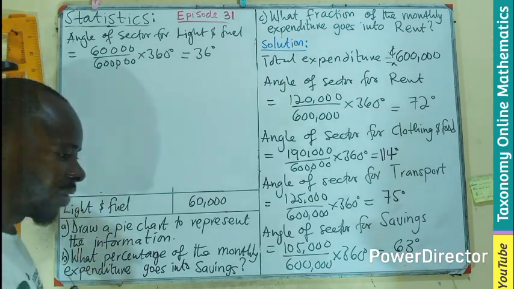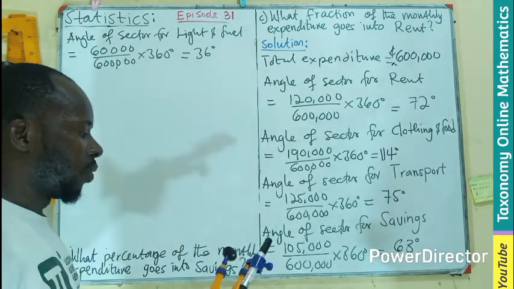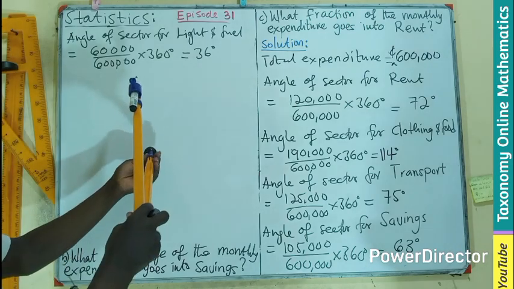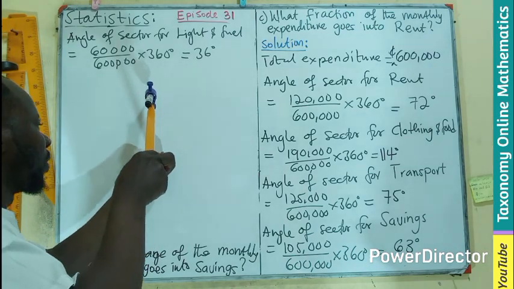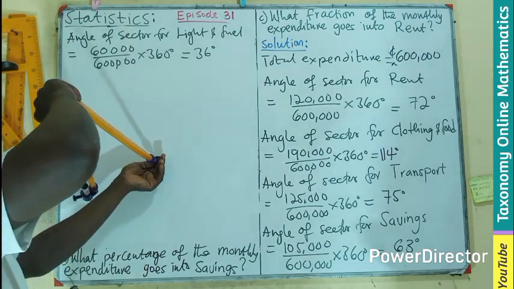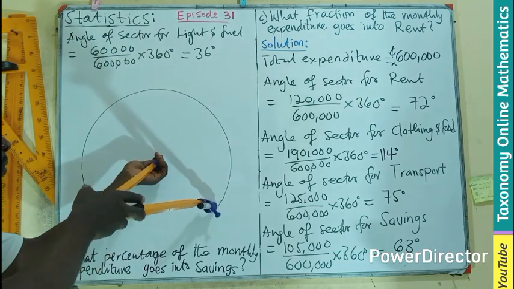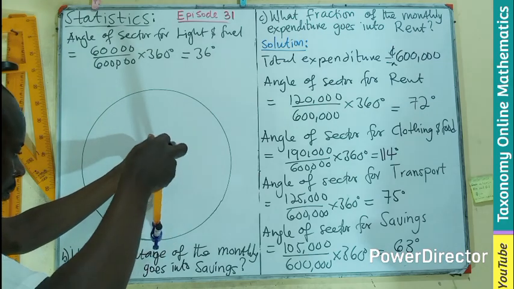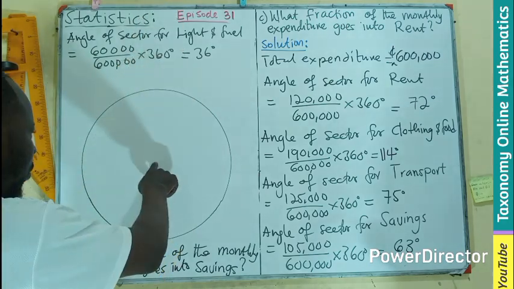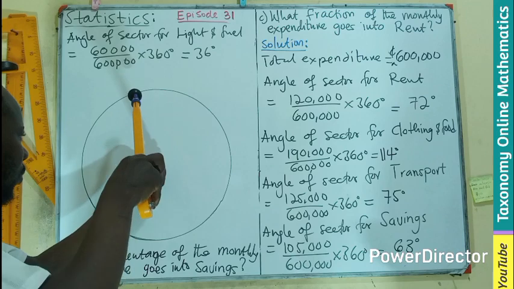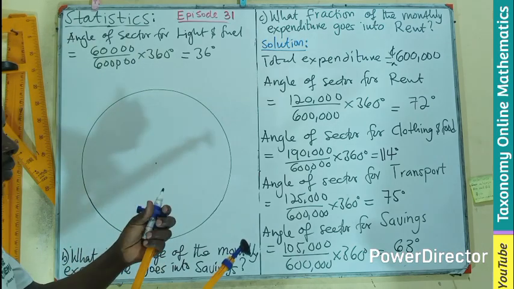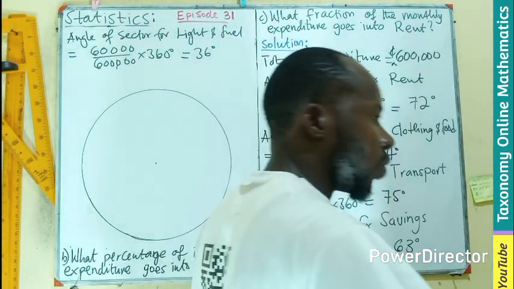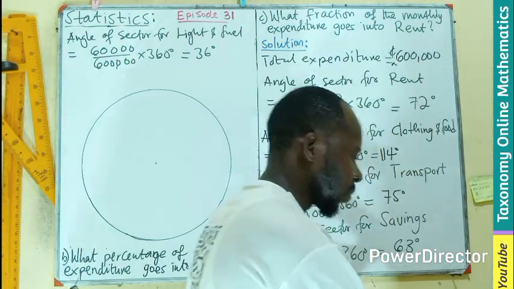So let's clear this here. All right, so we need to draw the circle. The bigger the circle, the better it will be. You will be able to identify your center very well, and that will show the accuracy of your drawing.